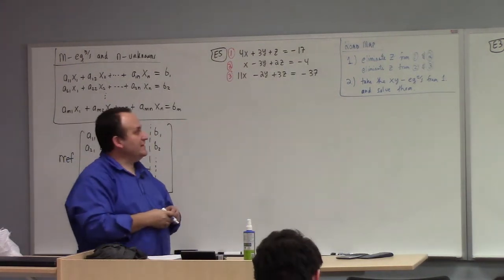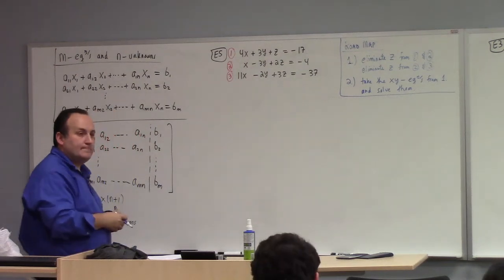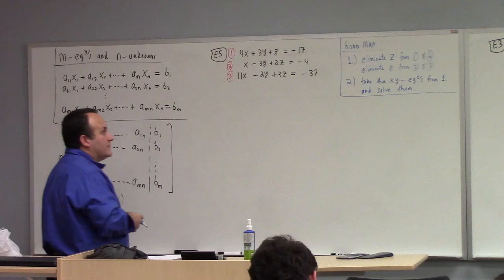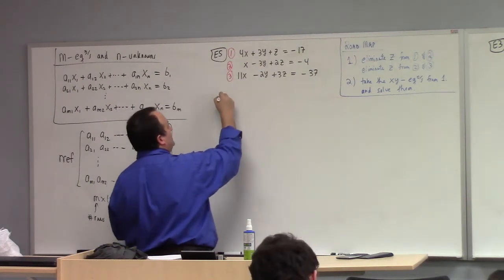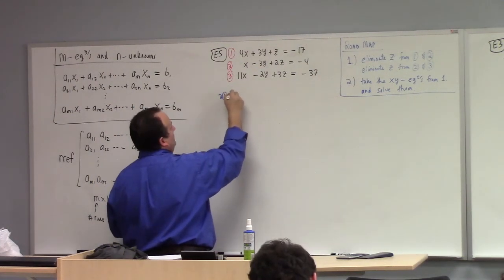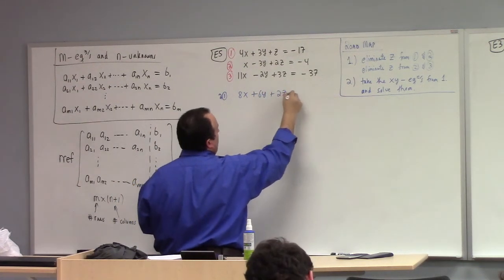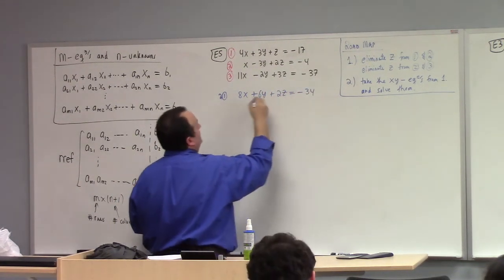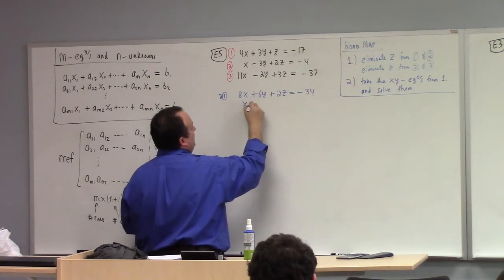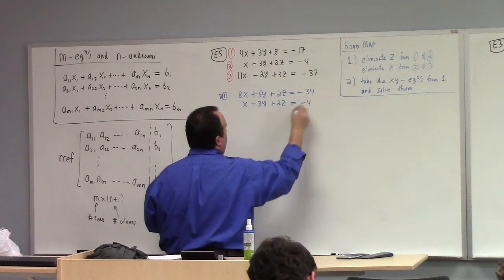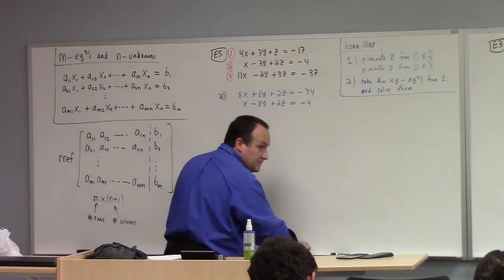So how do we eliminate z from 1 and 2? Multiply the first one by 2. 2 times 1 is 8x plus 6y plus 2z equals minus 34. Then we're up against x minus 3y plus 2z equals minus 4. So we want to subtract those, right?